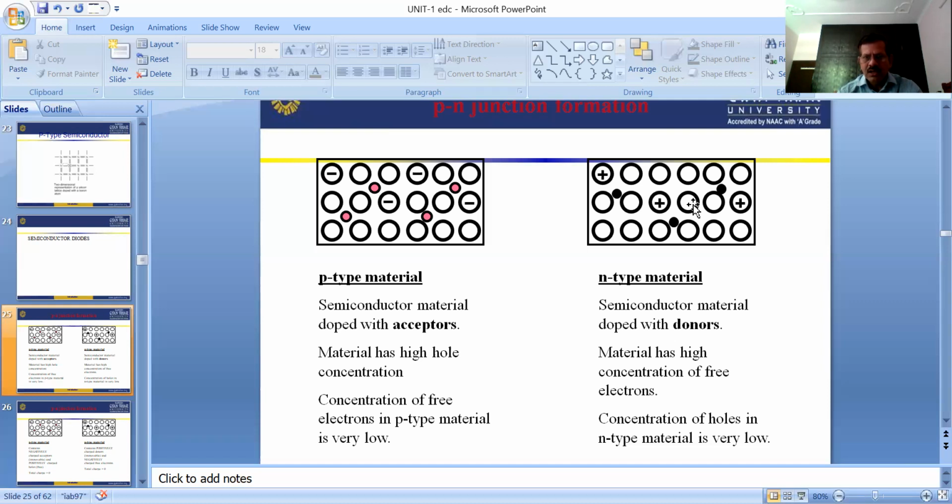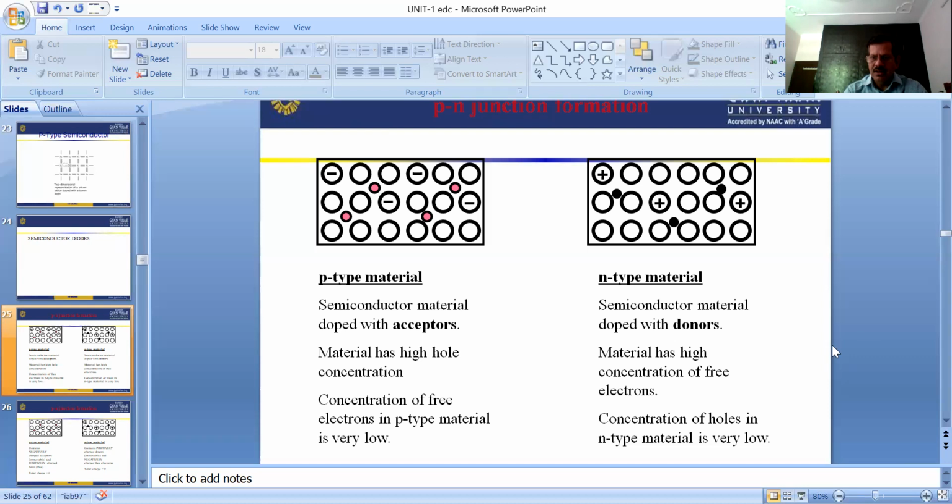In n-type material, the semiconductor is doped with donor impurities, for example phosphorus and arsenic. An example of an acceptor impurity is boron.